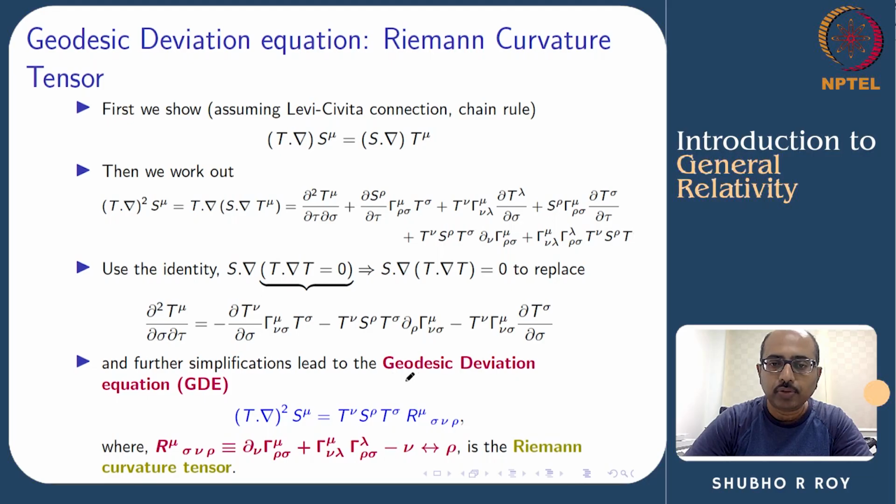You're led to something called the geodesic deviation equation. On the left hand side, you can see the deviation vector, and I'm measuring the second order rate of change, T dot nabla squared.